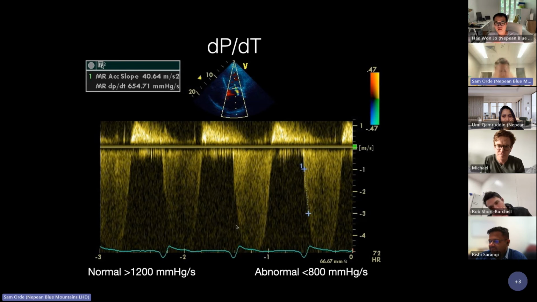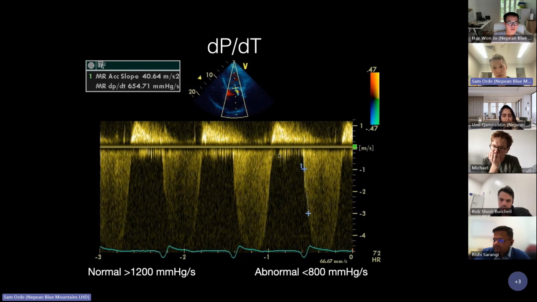You need a perfectly straight MR trace that's at exactly the same alignment as your Doppler angle. And you need a sweep speed such that the Doppler profile covers the screen, so that a small change doesn't mean you get 1,000 millimeters of mercury per second difference.